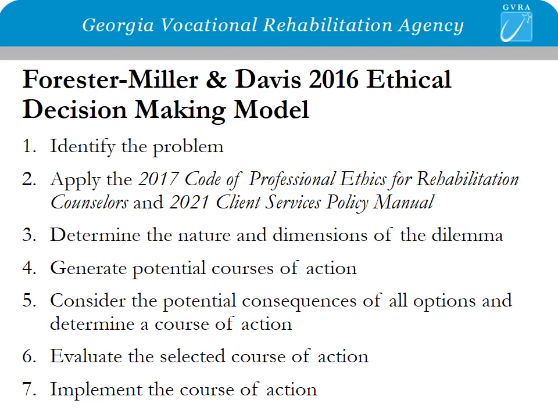Generate potential courses of action. 5. Consider the potential consequences of all options and determine a course of action. 6. Evaluate the selected course of action. 7. Implement the course of action. A more detailed document on this decision-making model is part of this module.